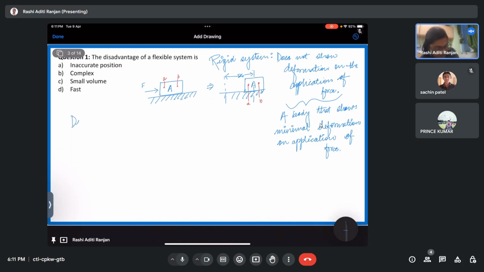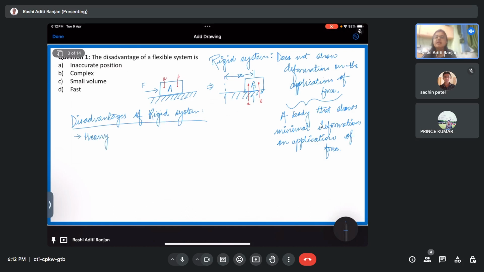You just write disadvantages of a rigid system. Right, so what would I write? I'll first write that it is heavy.